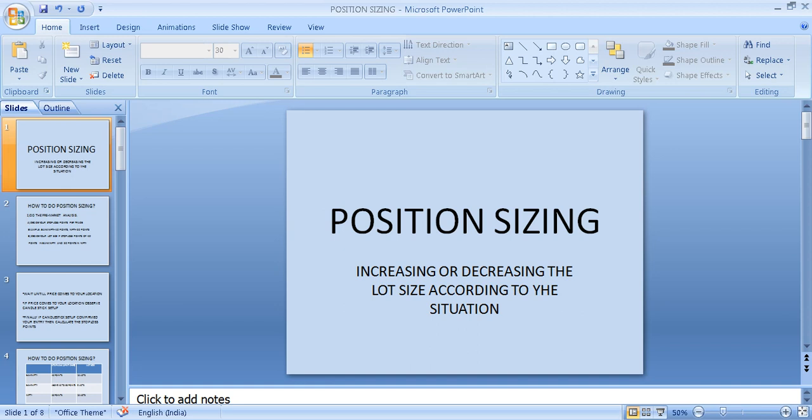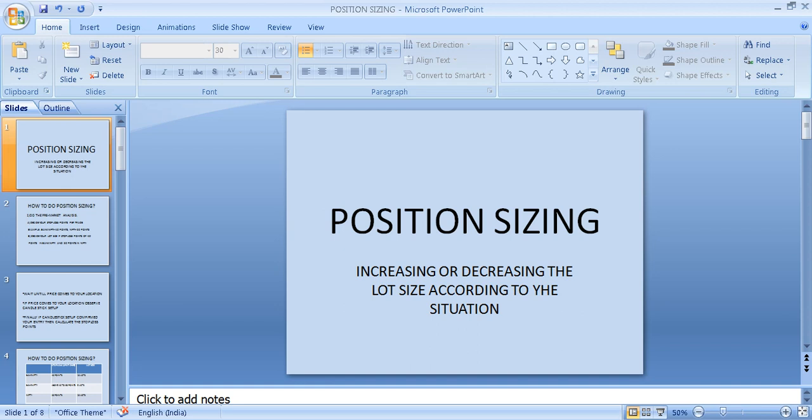A high probability trade means that when you enter a trade, there is no obstacle between you and your target in the chart.